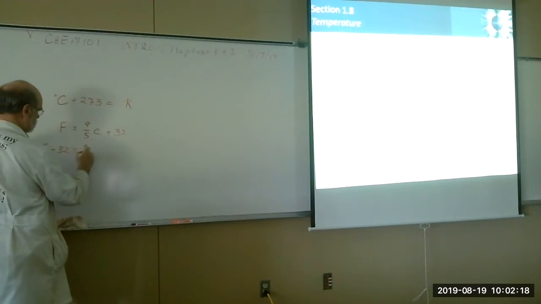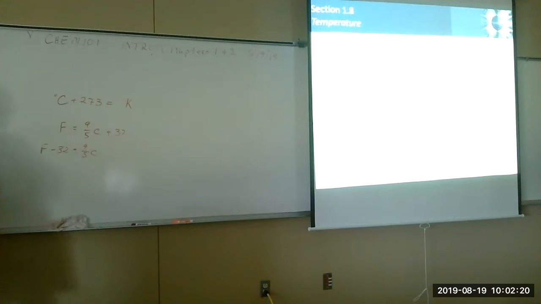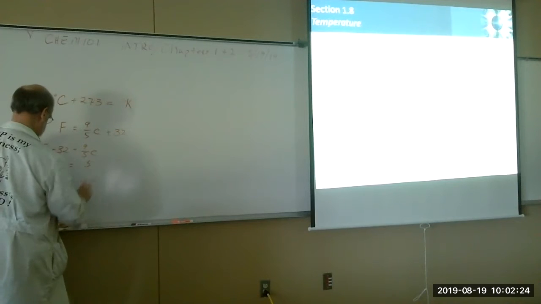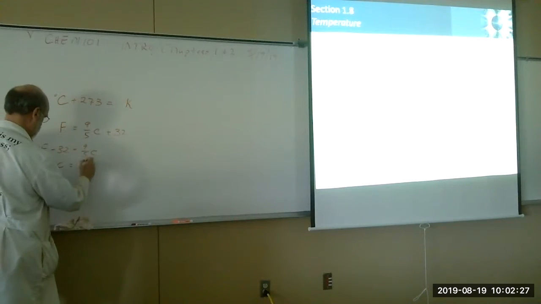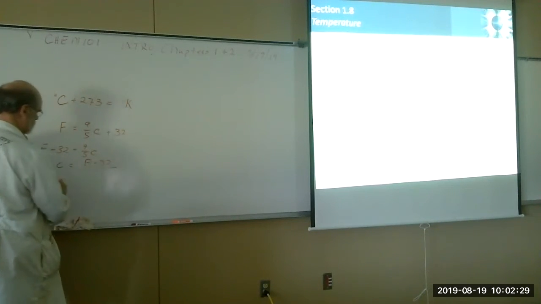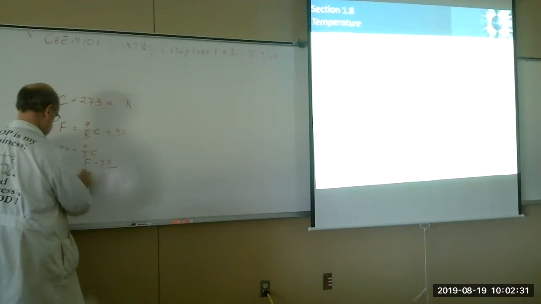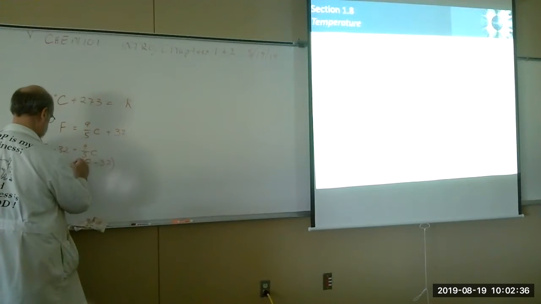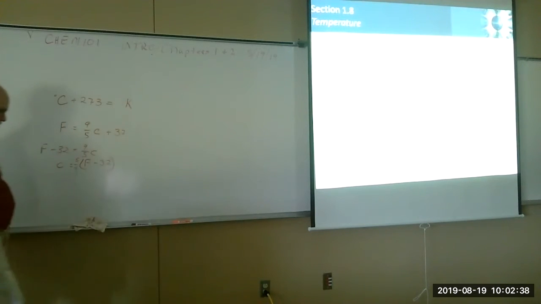Okay, then we solve for C. C equals 5/9 times F minus 32. So if you know one, you know the other. You can do it that way and then plug your number in, or you can plug your number in here and then solve it. Either way works.